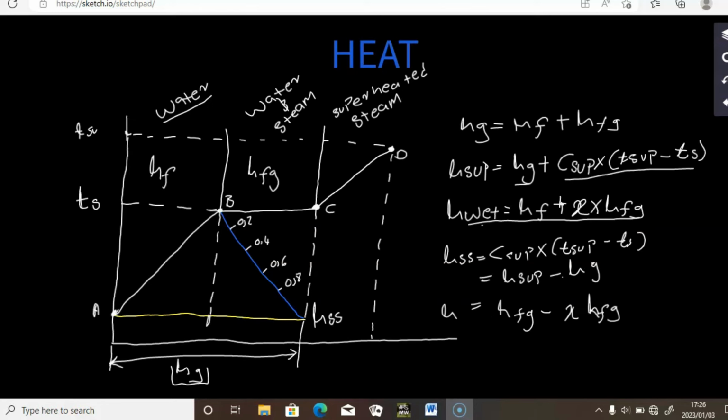And that is everything that we will need to start with the steam part of heat.